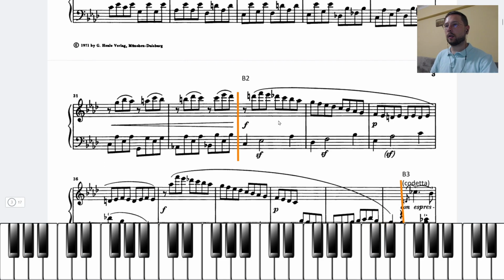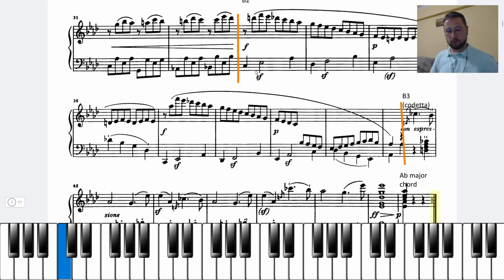Right, you see it's very connected, very smooth, and then we have this. And finally, B3.